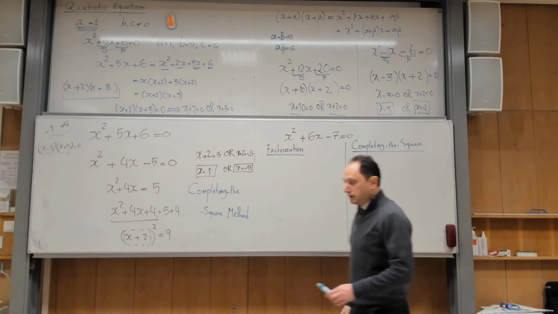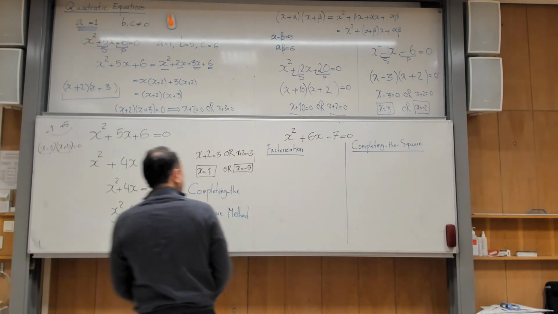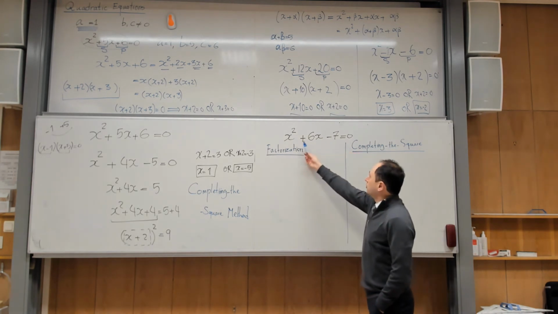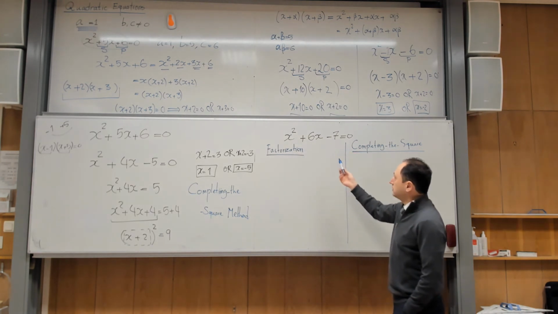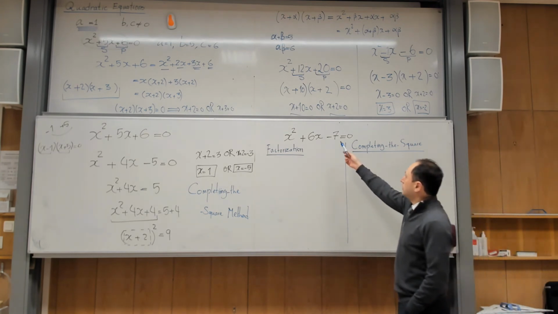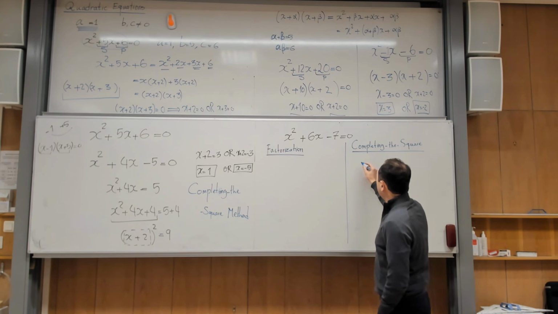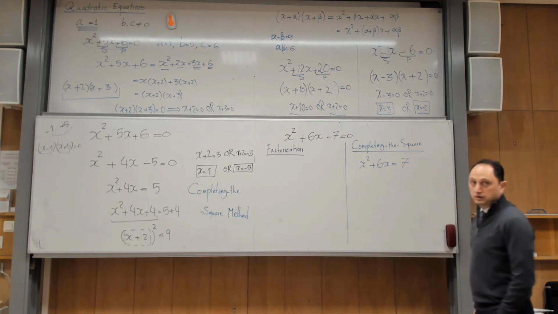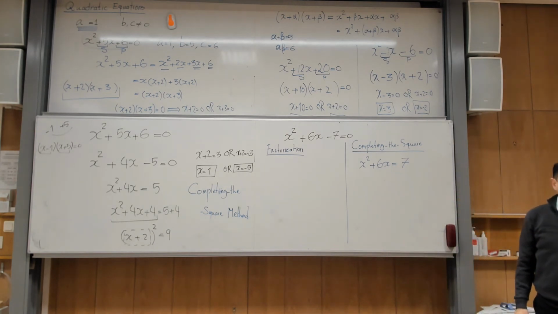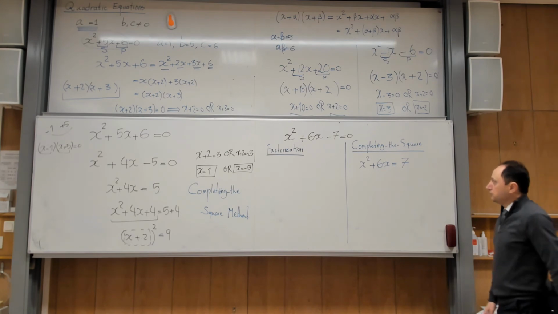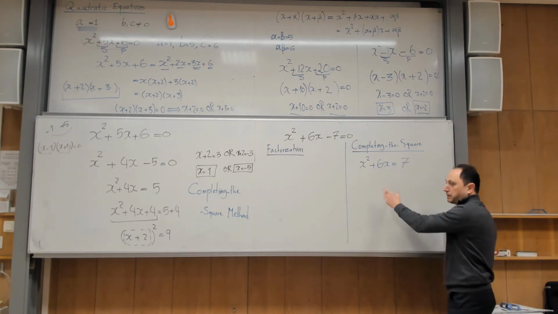So here, what we do, completing the square. Is this, in this form, a complete square pattern? The answer is no, because I don't want to have -7. So I move -7 to the other side. It becomes +7. But I want to make the complete square here, so I need to add a number to make the left-hand side a squaring pattern.